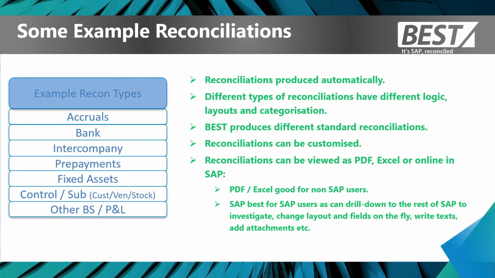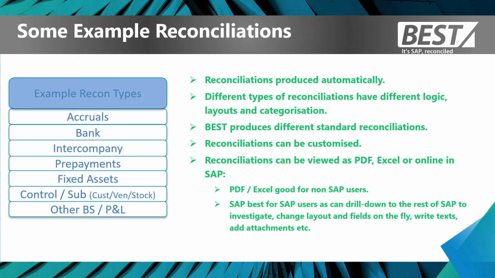For example, an accrual recon is quite different to a bank recon. The underlying SAP functionality is also different, and the system reacts to that to produce different types of reconciliations. Of course, the system produces standard reconciliations, but they can also be customized. The categories can be changed, reordered, and laid out according to your specific requirements.